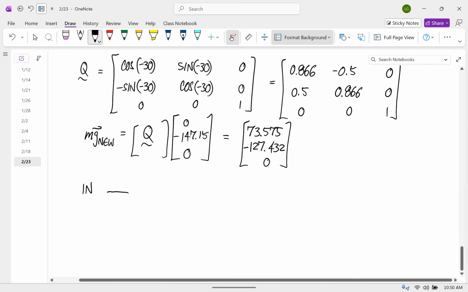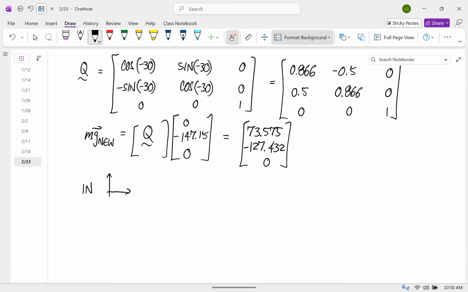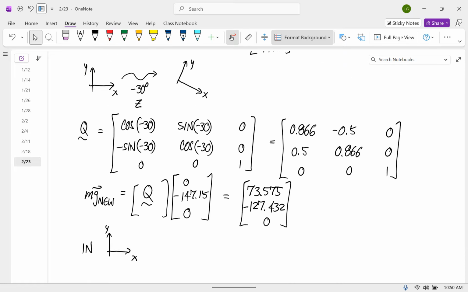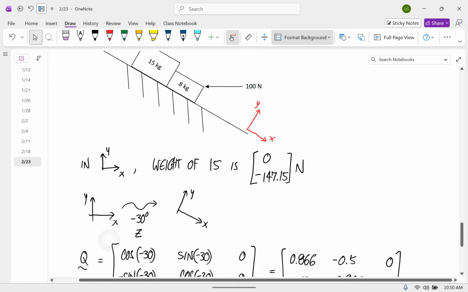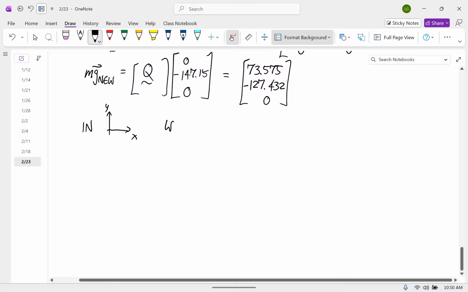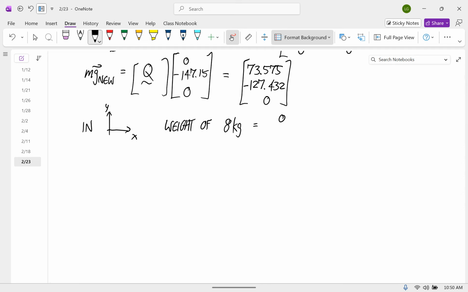And then in a standard coordinate system, the weight of the 8-kilogram box is 0, negative 78.48, 0.